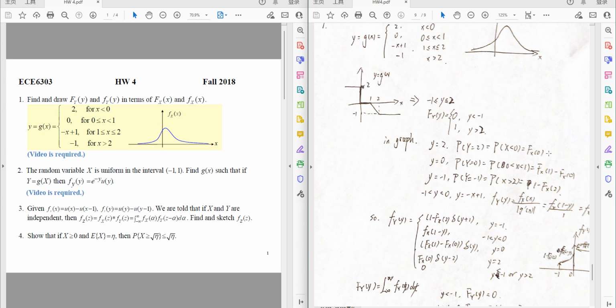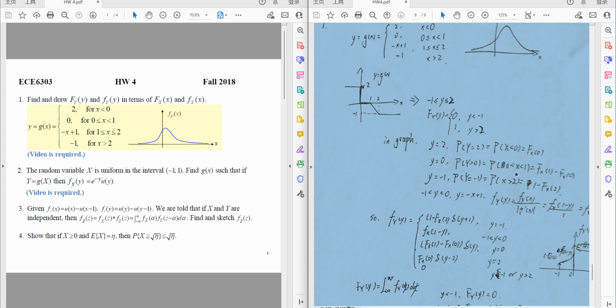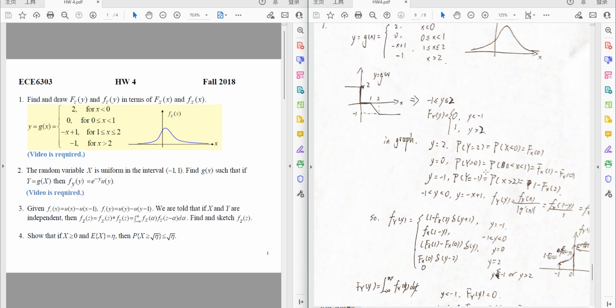So it must be equal to the mass function of x. And same as this, when y equals 0, it is this line. So the probability equals the probability of x between 0 and 1.